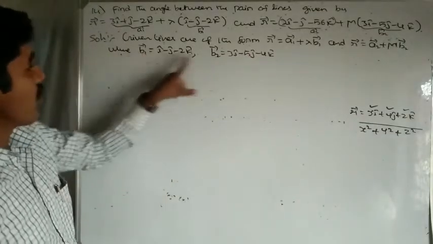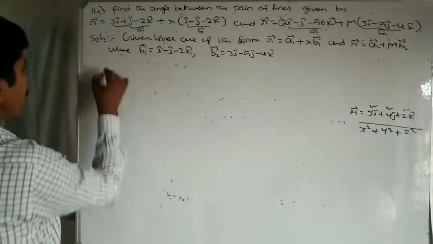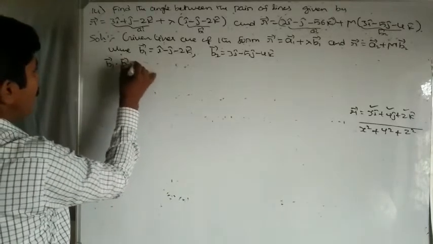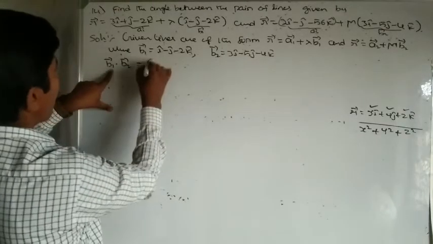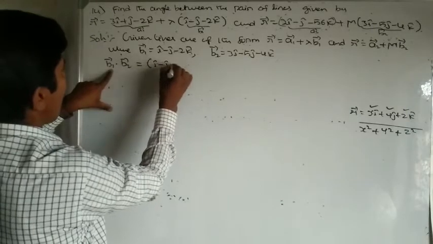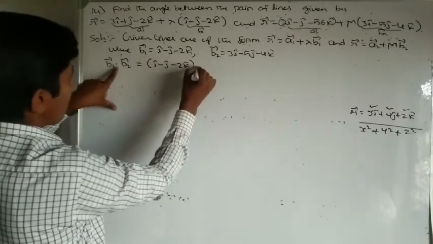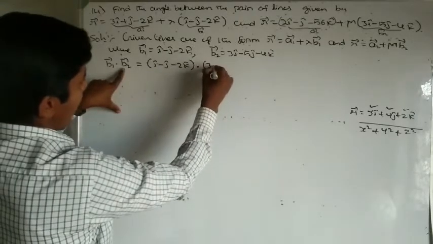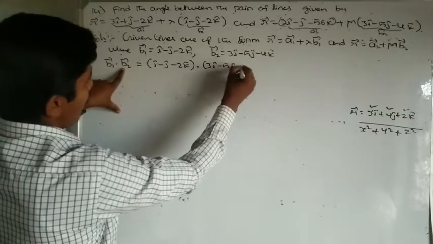First find the dot product of these two, vector b1 and vector b2. Vector b1 dot vector b2: vector b1 i minus j minus 2k, dot vector b2 3i minus 5j minus 4k.